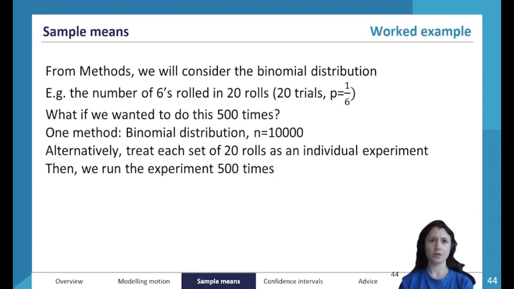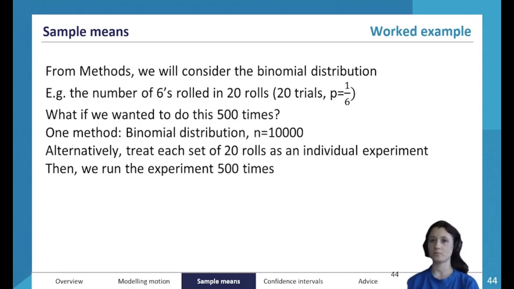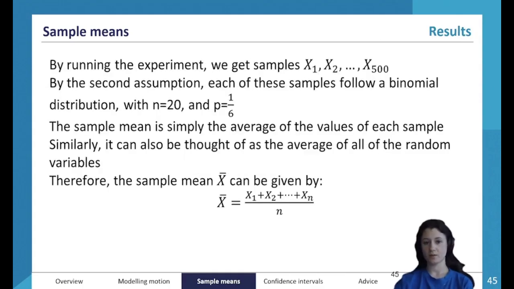Alternatively, instead of treating it as a binomial distribution, you can treat each set of 20 rolls as an individual experiment and run the experiment 500 times. If you do that, we have 500 samples, and each of those samples follow a binomial distribution.